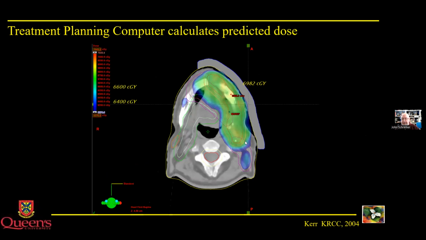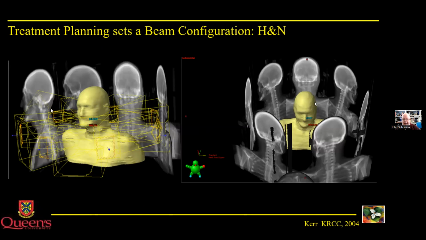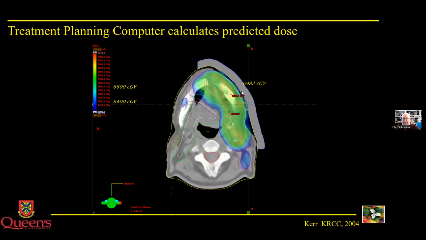In the head and neck, for a certain situation, with multiple beams coming in from multiple directions, one will get a map of the radiation dose that would be delivered to this patient with these control parameters set by the planning process.